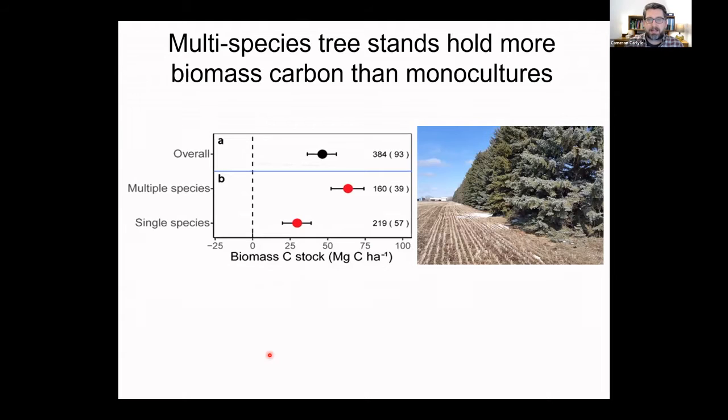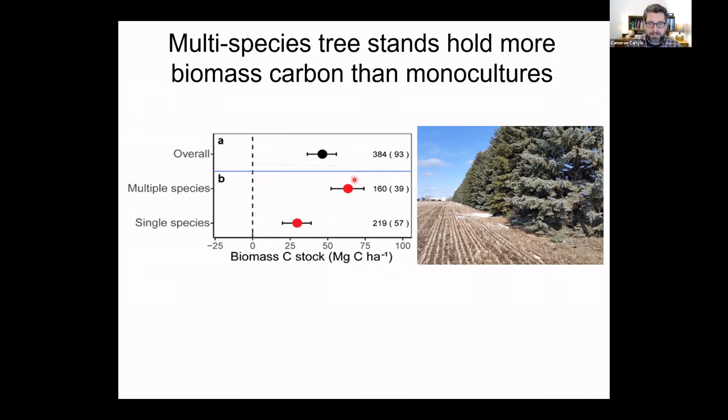Then the next thing that Zhilong looked at was, what was the composition of those agroforestry systems, and looking at the number of different tree species that were in them. And so he simply compared systems that were monocultures, like what we see in this photo here, where all the tree species are the same, versus systems that had at least two different tree species in it.